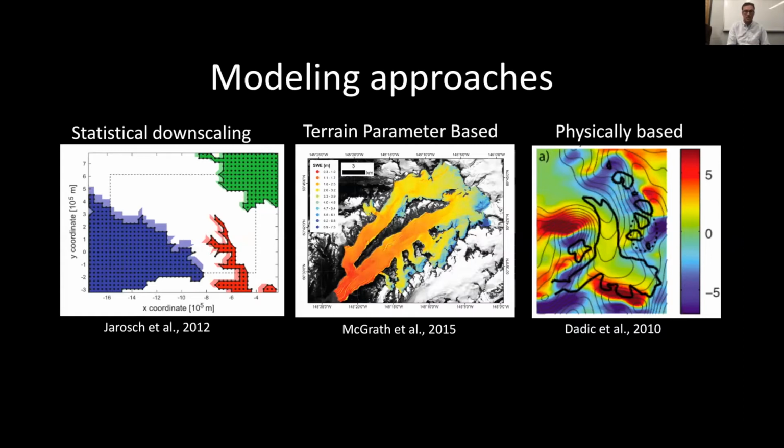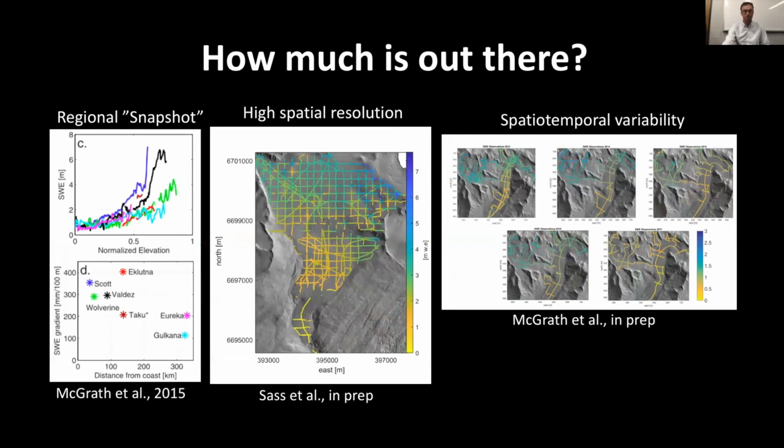And then lastly, although it has not seen widespread implementation due to the lack of meteorological forcing data in these locations, there are some physically based models, in this case an atmospheric physical model, looking at the wind field, the surface normal wind velocities proximal to the glacier, which is outlined there in black in Switzerland. This is very much dependent on where we're going to get this preferential accumulation on the glacier, where the snow is being moved around to.